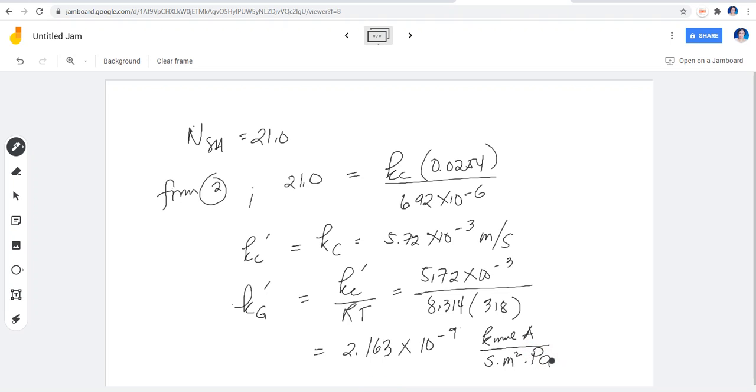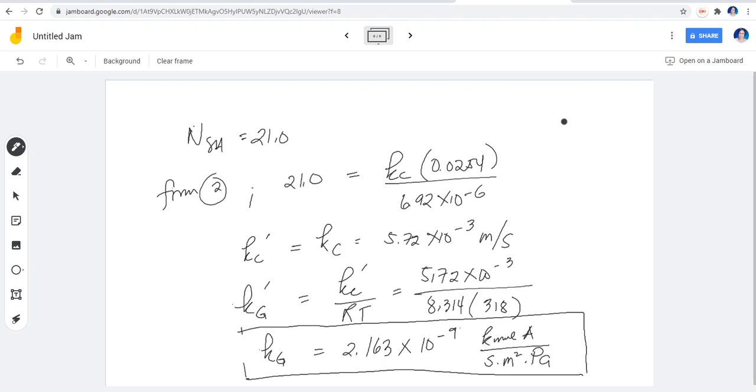So this is our K sub G prime. Our K sub G and our K sub G prime are just the same because we have a dilute solution. And by the way, this is already our K sub G.